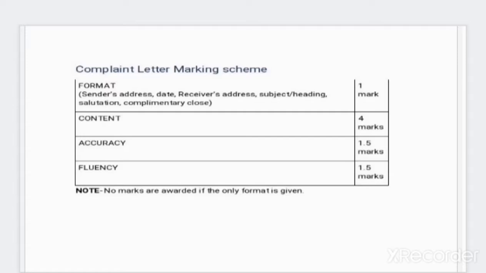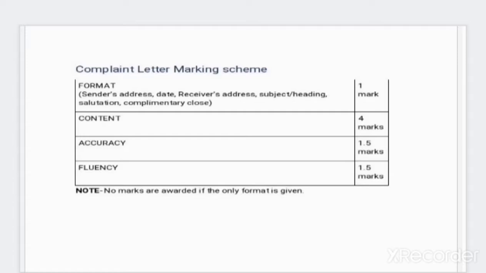Next, accuracy. Content is of 4 marks. Accuracy is 1.5 marks, fluency 1.5 marks. Accuracy means how accurately you have presented without any spelling mistakes or grammatical errors. I have mentioned this because it is very, very important, because there is a misconception which all of you follow.